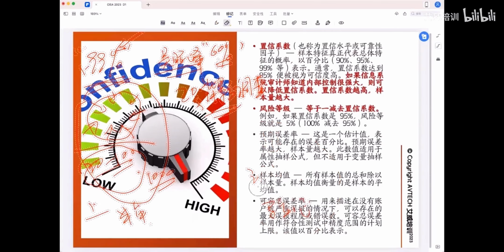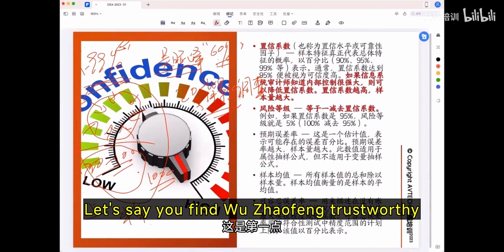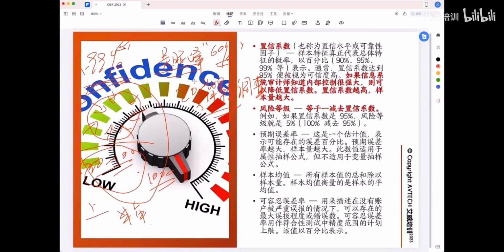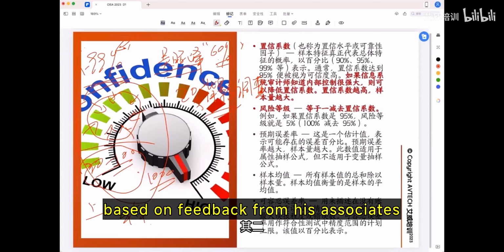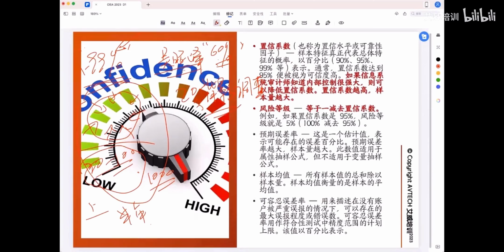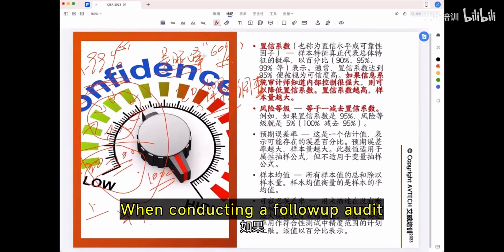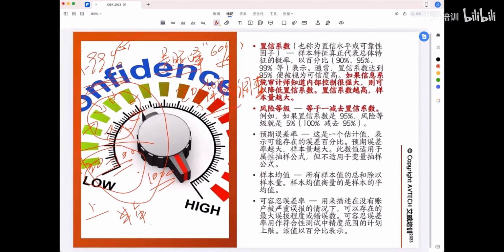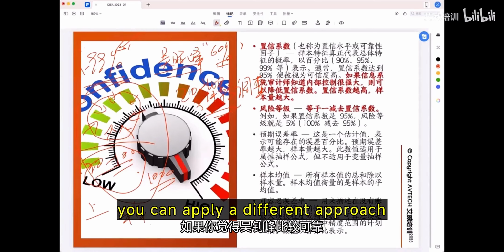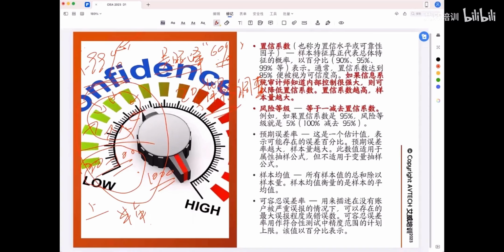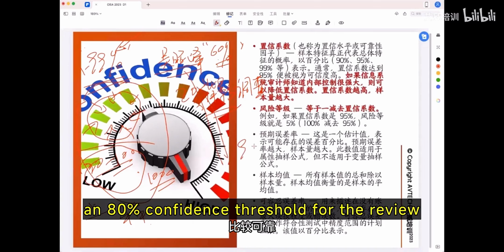Second, let's say you find Wu Shaofeng trustworthy, based on feedback from his associates. When conducting a follow-up audit, you can apply a different approach by setting an 80% confidence threshold for the review.